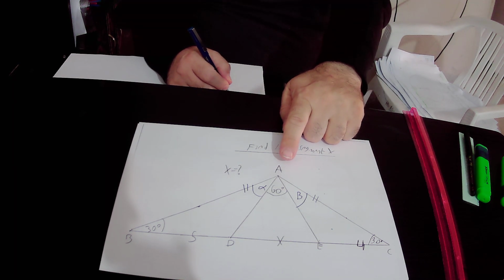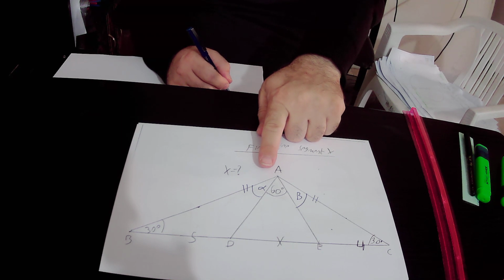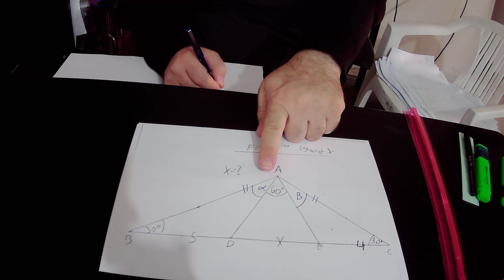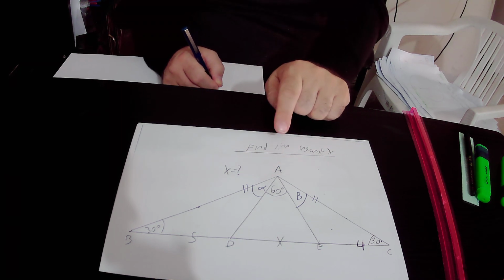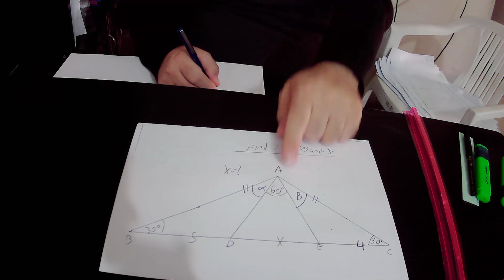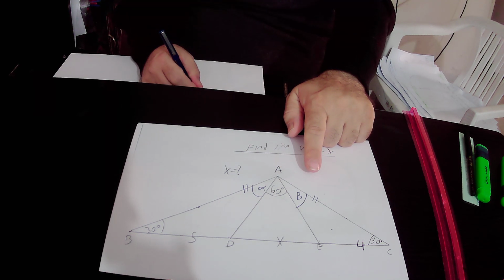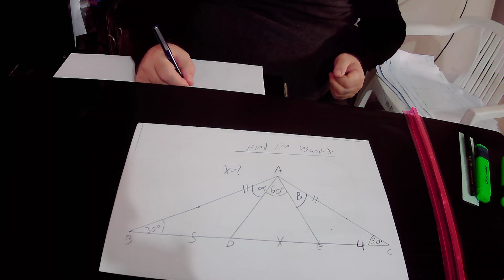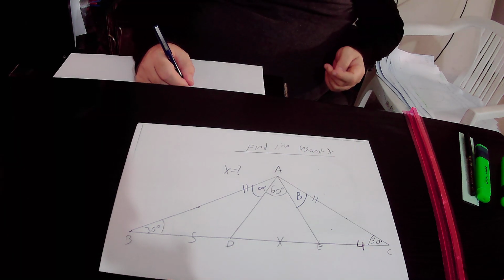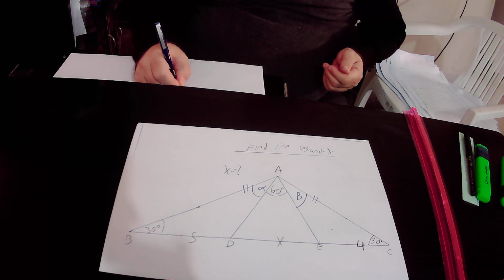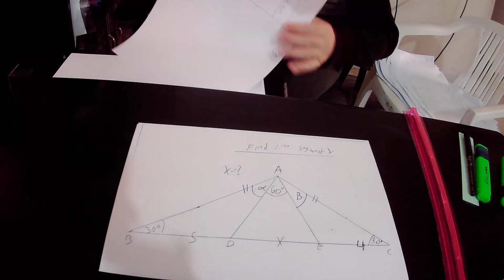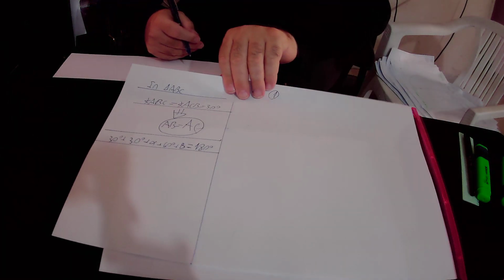plus this angle that is equal to alpha according to our definition, plus this angle that is equal to 60 degrees according to what is given, plus this angle that is equal to beta. In total, the sum of all those angles must be equal to 180 degrees.